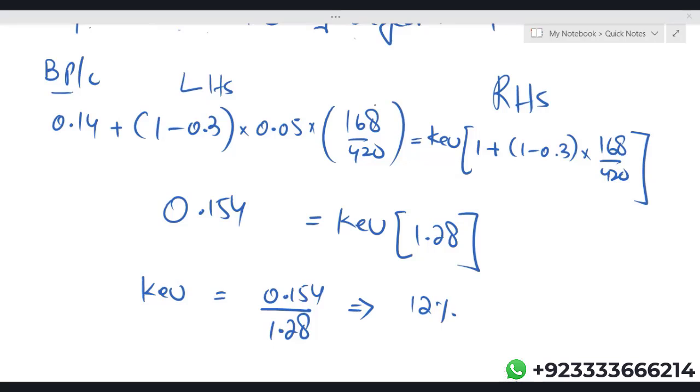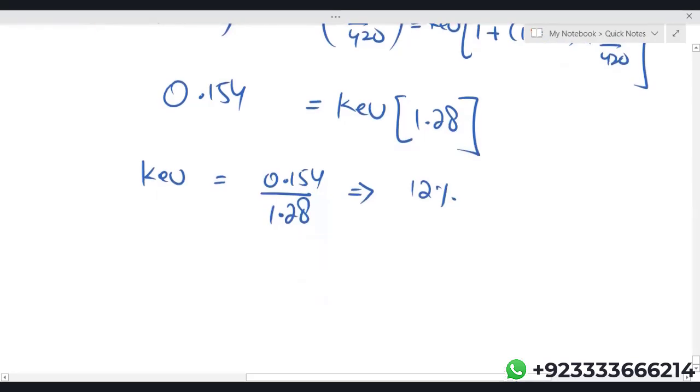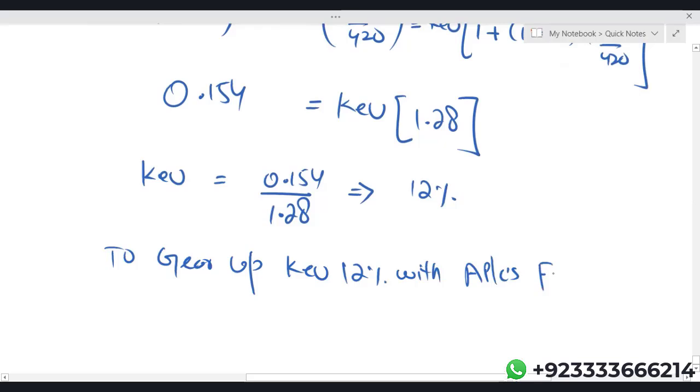So this is the first step. After that, obviously, very easily we can perform the second step: to gear up KU 12% with APLC's financial gearing.